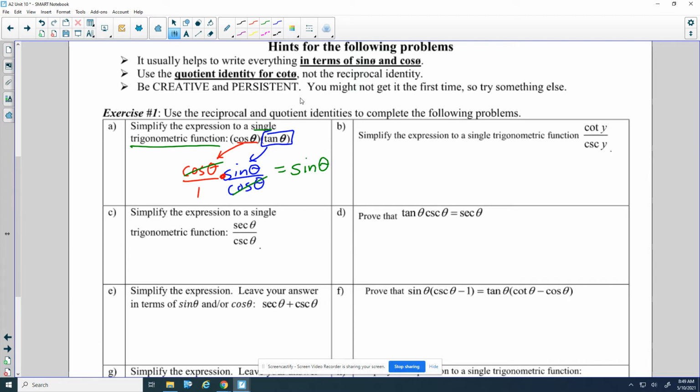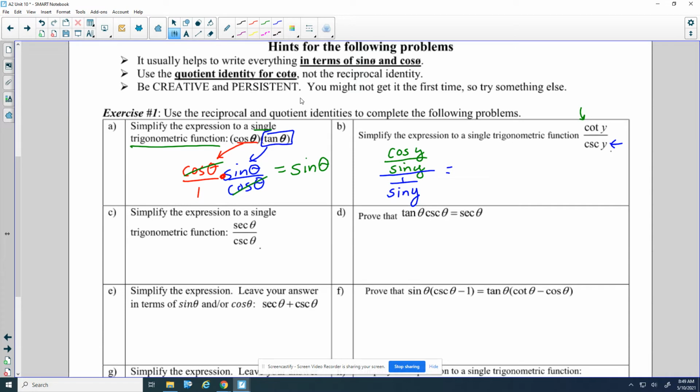function. Looking at the next one, same idea, except now we have division. So for cotangent, I'm going to use the quotient identity, and this is, sorry about that, cotangent y. So this is cosine y over sine y. And then for cosecant, I'm going to use 1 over sine y, because that's equal to cosecant of y.